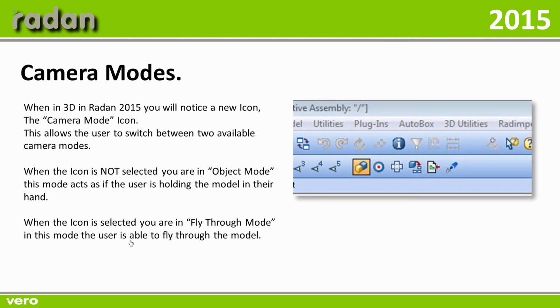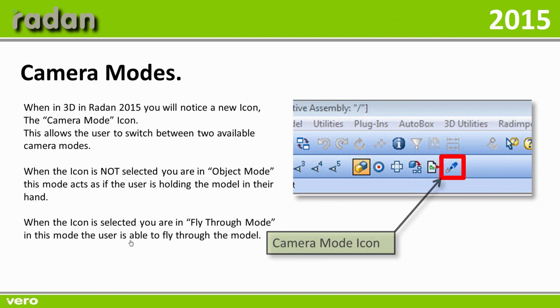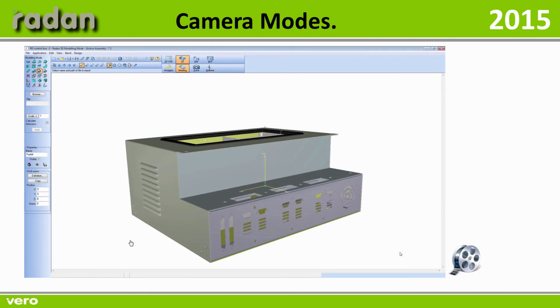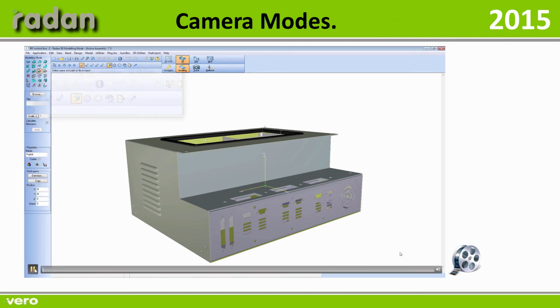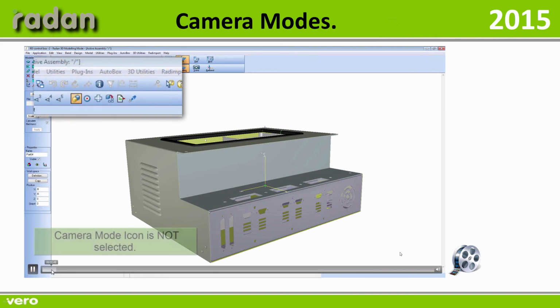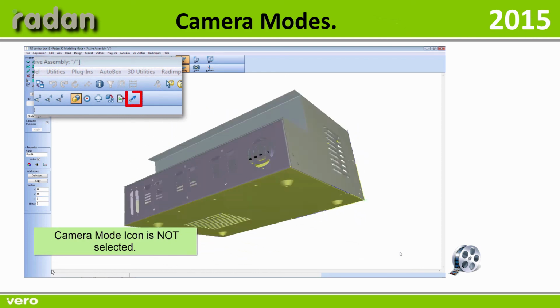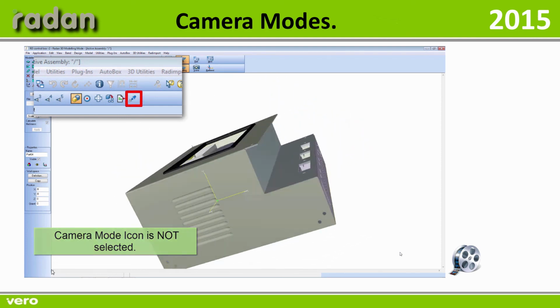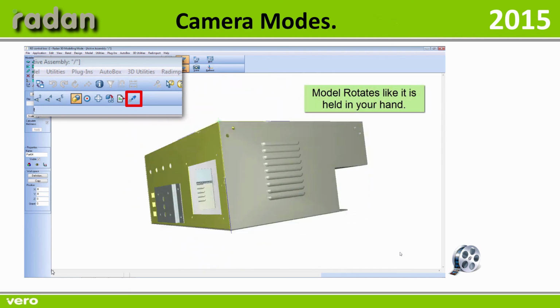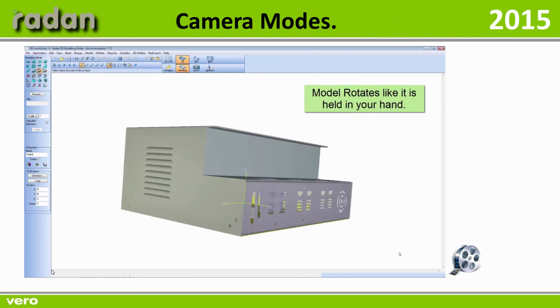Here you can see an image of the Radan 3D menu, and I'm just highlighting the new icon, the camera mode icon. Right, let me demonstrate how this works. So here we are in 3D with the 3D model. Again, I'm just showing you the camera mode icon. Now, with that icon not depressed, I can spin the model, but it's like it's spinning in my hand.